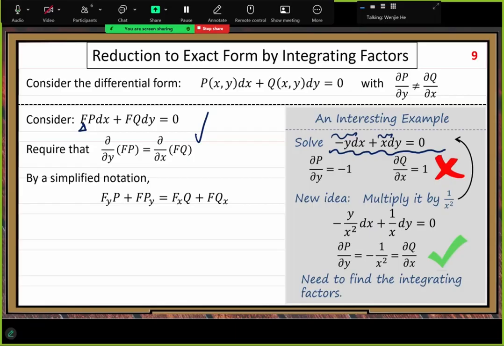When you write partial derivatives, sometimes you want to use the simplest form. So here, f sub y means partial f over partial y. So f sub y times p plus f times p sub y equals f sub x times q plus f times q sub x, based on the product rule of the derivatives.